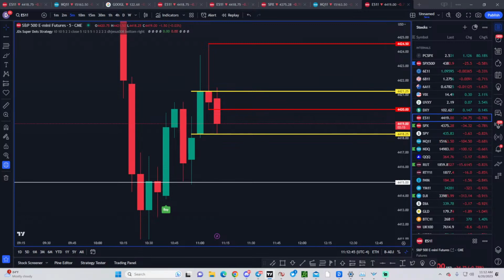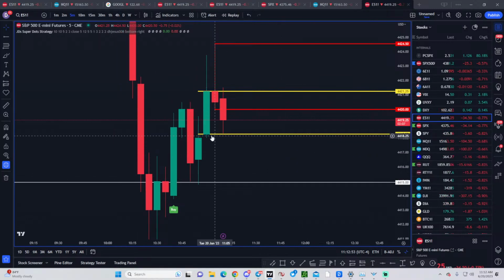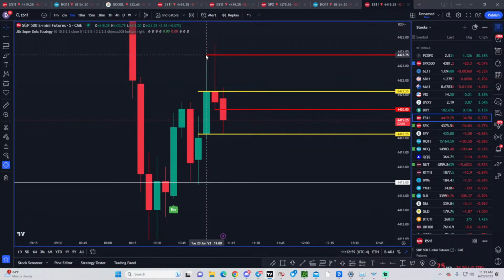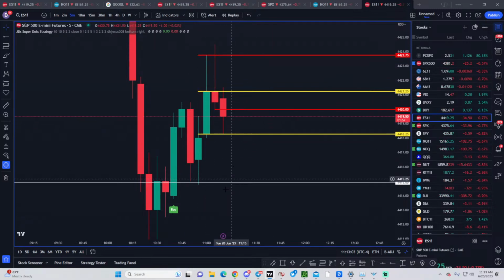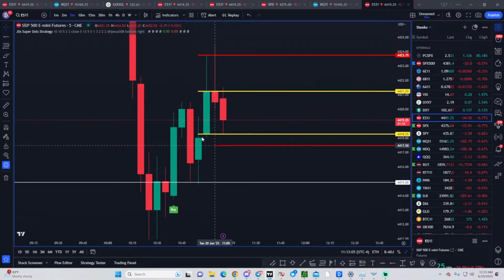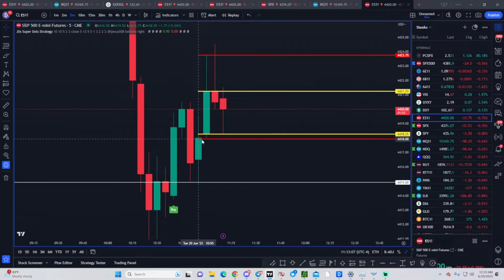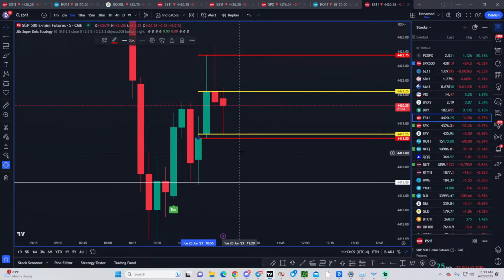So I am currently short, guys, from an NQ and the ES. So opening, close, high, and low. We're talking about this green candle here specifically, high and low. That's the composition of a candle.